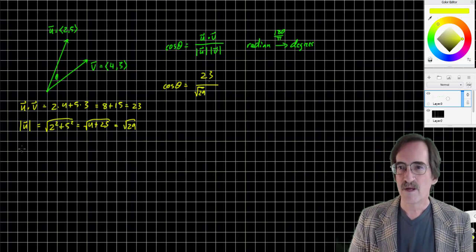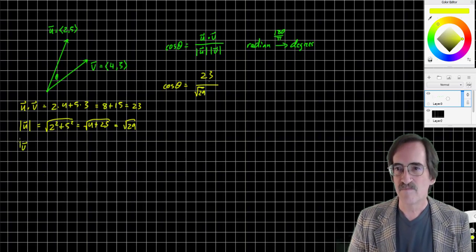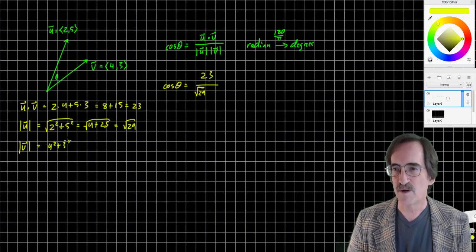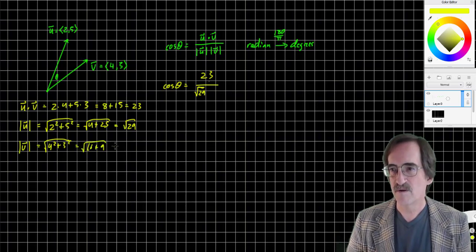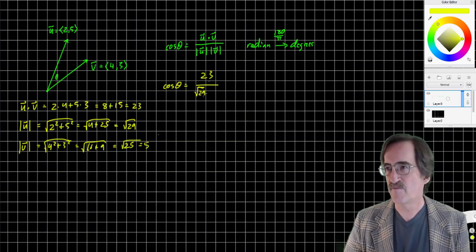Okay, and the magnitude of v is the square root of 4 squared plus 3 squared, which is 16 plus 9, which is the square root of 25, which actually turns out to be exactly 5.